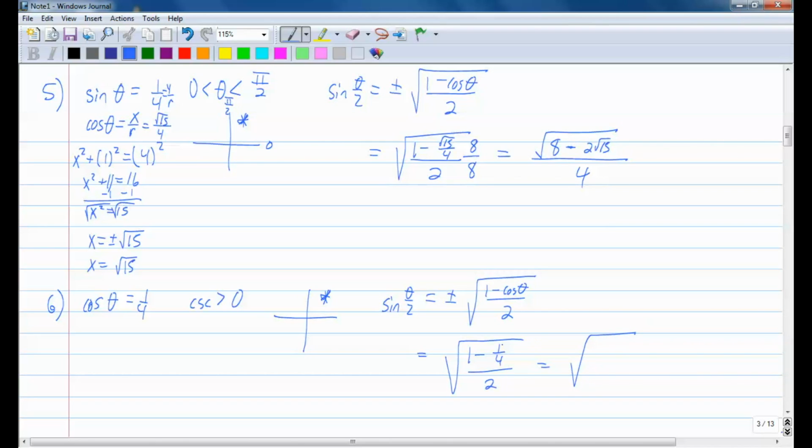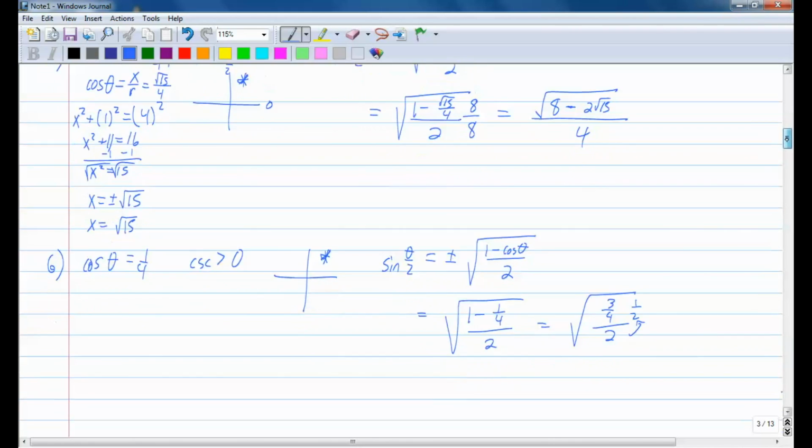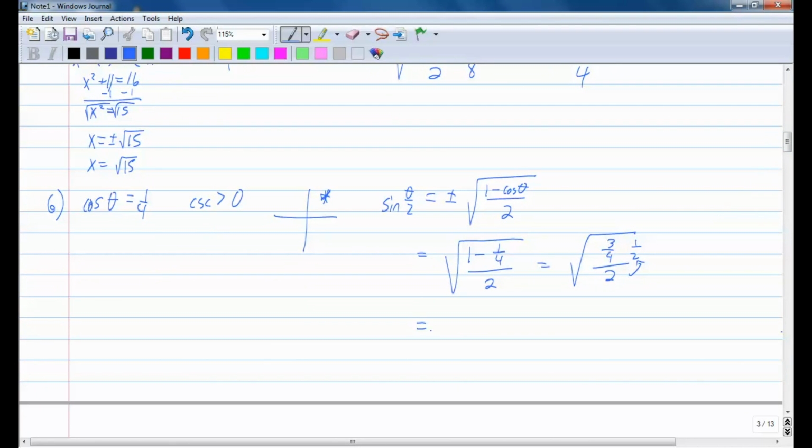So that's going to be the square root of 1 minus 1/4, which is 3/4, over 2. So take that, flip and multiply, and let's see what we have. It's going to be equal to the square root of 3/8, which is the square root of 3 over the square root of 8.